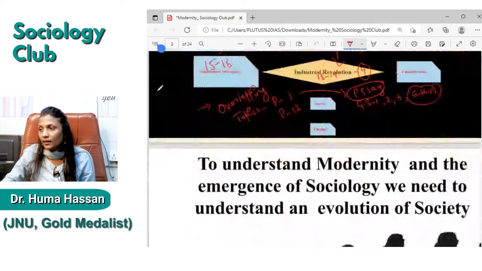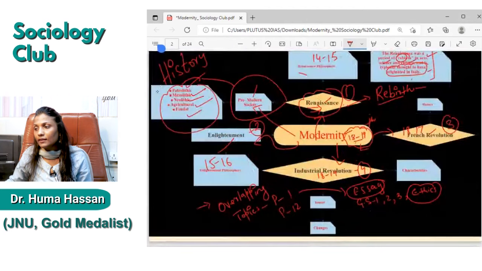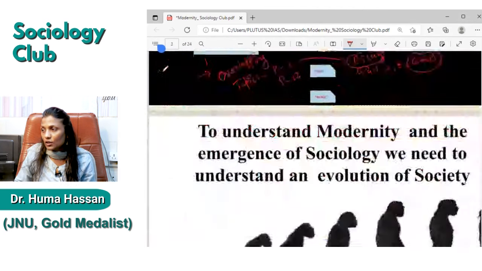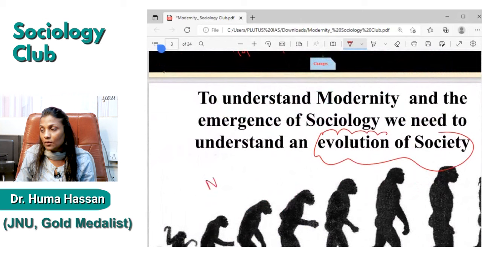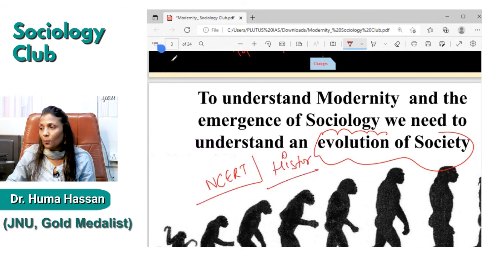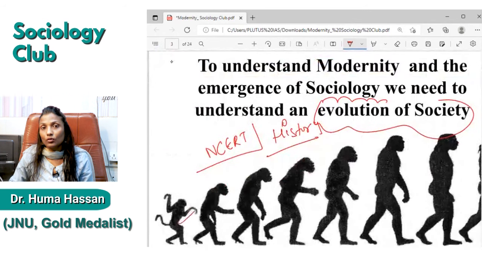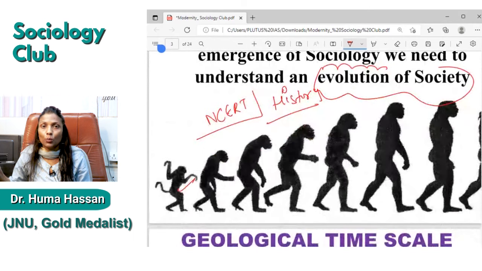So I would say, to understand this phase of modernity, you must know the evolution of society. And as I said, it is in your NCERT portion with your history, how we have evolved from primates. Primates is a category which involves apes, monkeys and human beings.